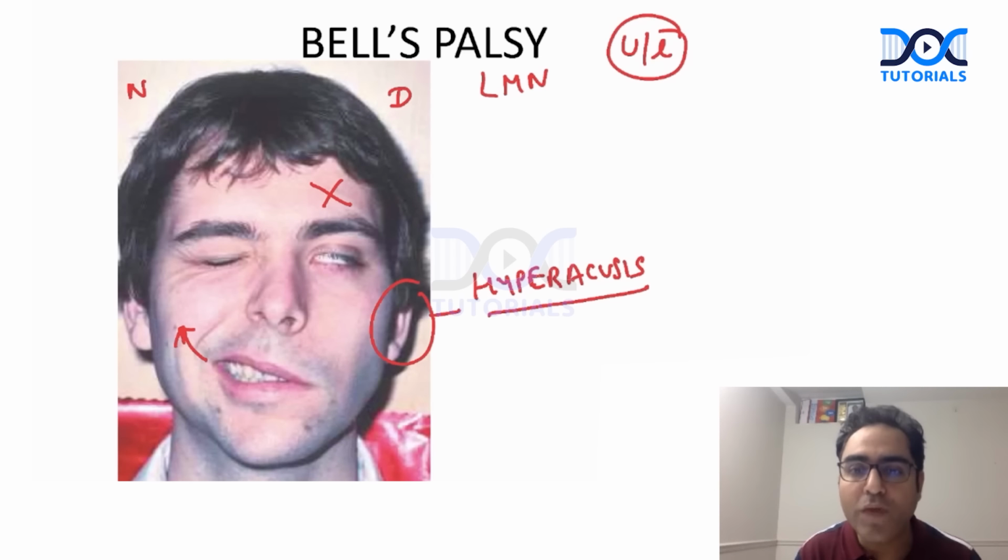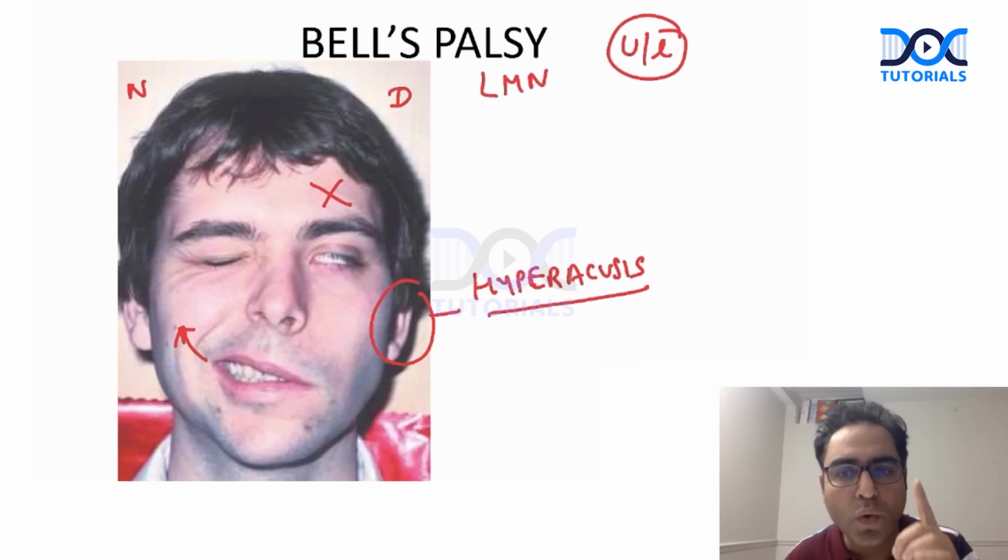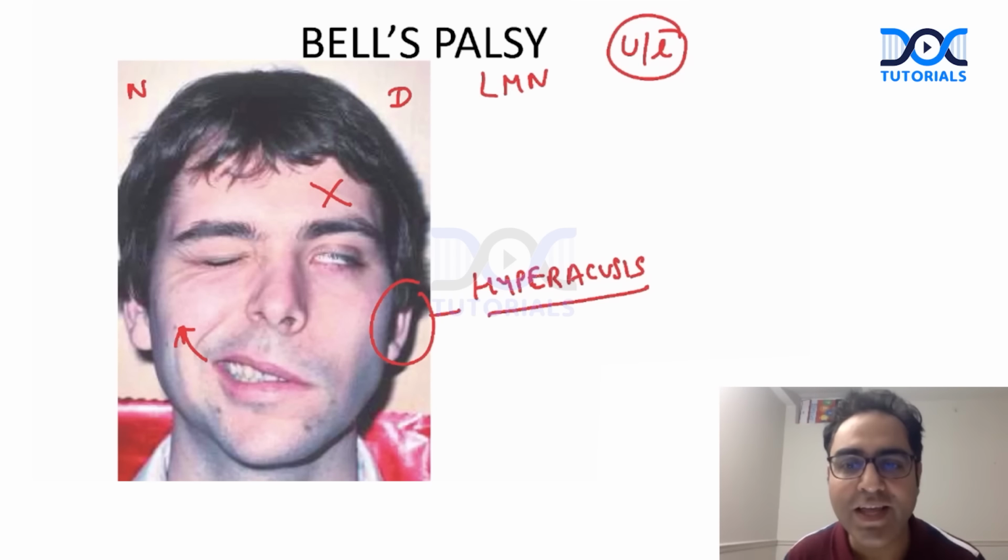Acyclovir is only given if patient comes within 3 days. 85% patients show wonderful recovery. If patients do not show any recovery after 3 weeks of steroid therapy, then the next management is electrophysiological nerve testing to assess the degeneration of the facial nerve fibers.